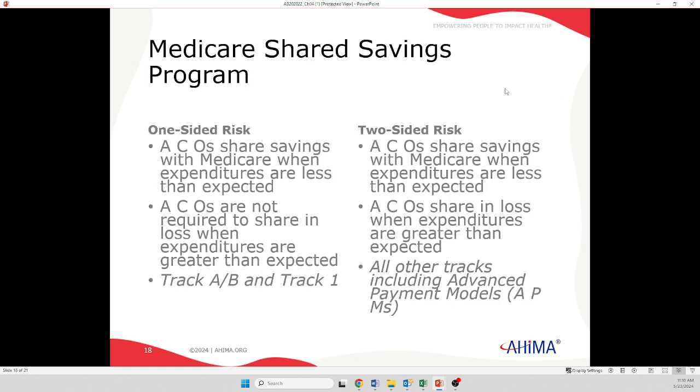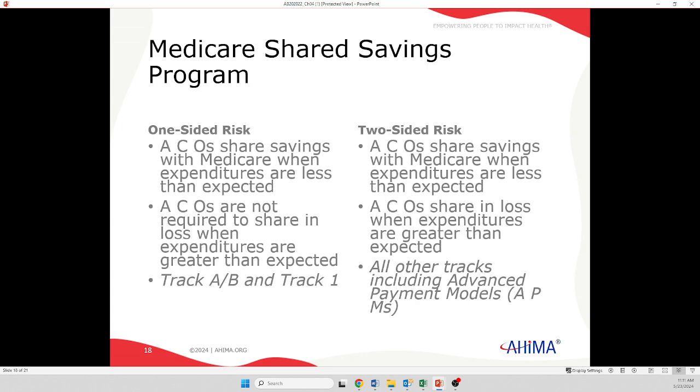With that Medicare Shared Savings Program, that's the MSSP, it has two tracks. The one-sided risk, this is where if there's a savings, then you share in the savings, but you don't share in the loss. This one makes up about 33%. A two-sided is where you share in the savings as well as the loss. So that kind of makes sense.